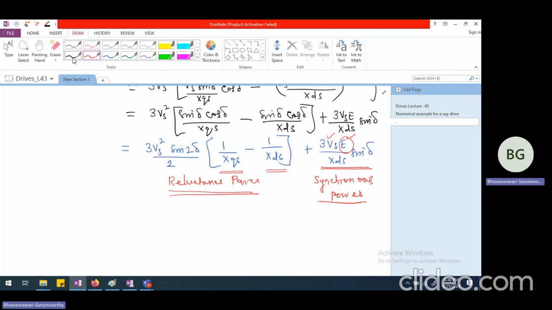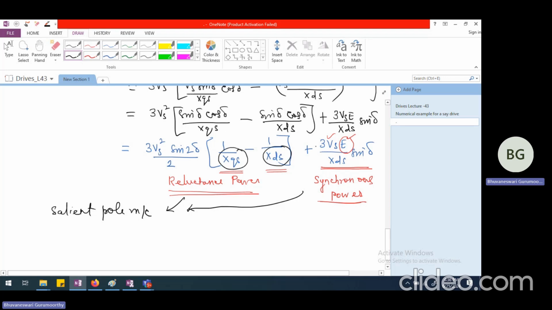So if we are talking about a salient pole machine, we have to take into account both these portions, reluctance power as well as synchronous power. As an approximation in some of the salient pole machines, if the reluctance power is really not dominating, if the difference between XQS and XDS is not much, in that case, we are going to neglect that.